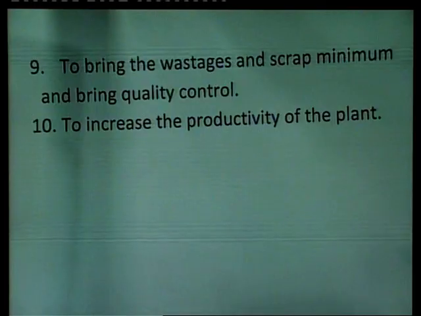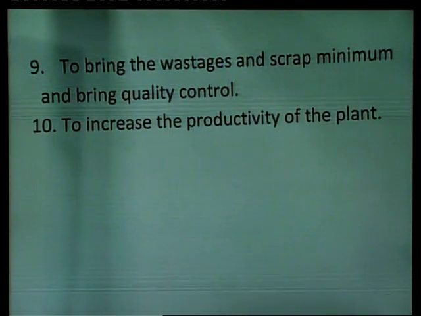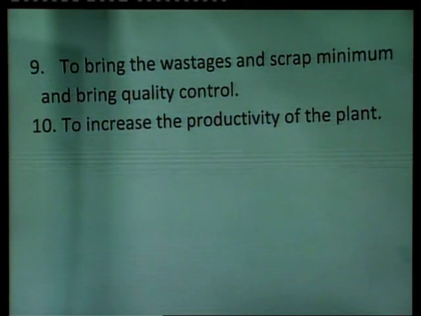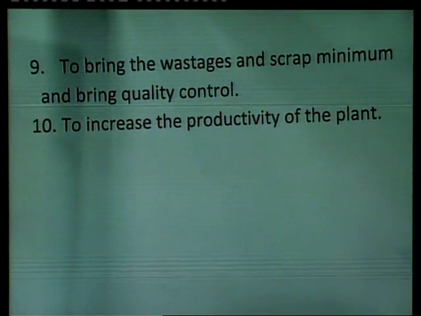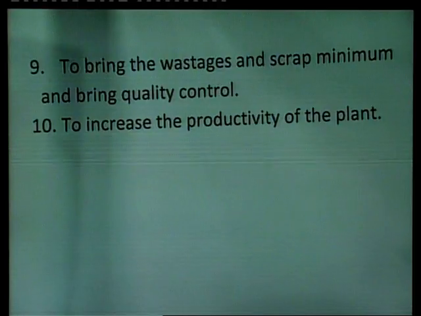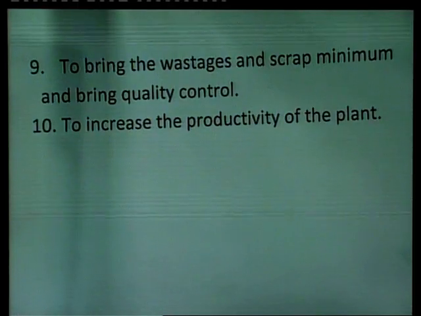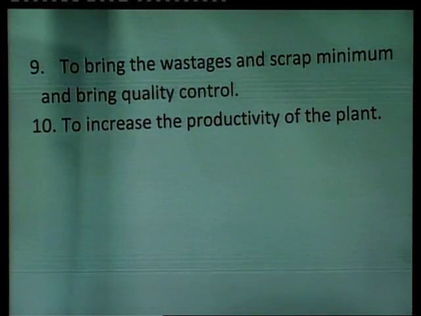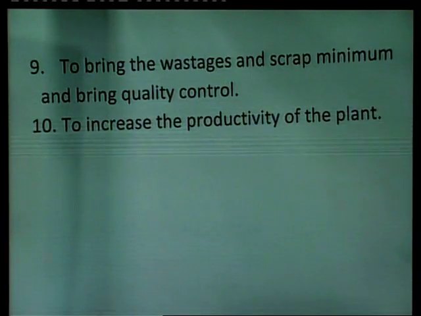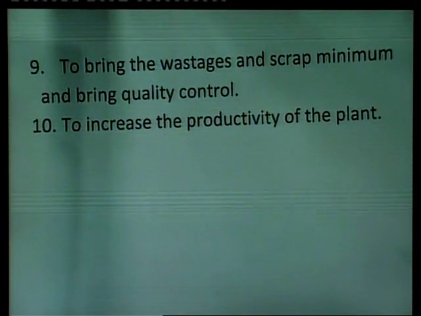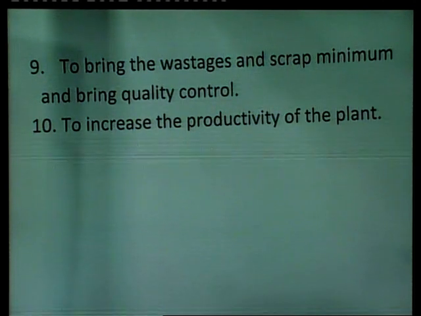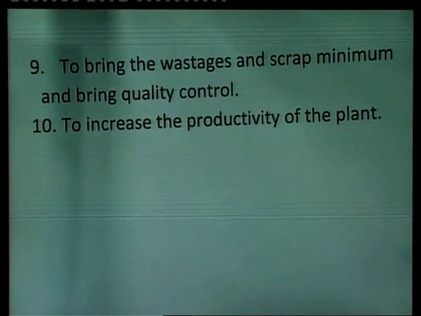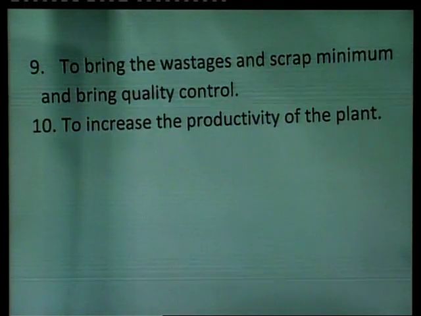The next one is to improve the plant profitability and plant productivity. So overall, the main objective of maintenance is to keep fit the plant items, to improve the lifespan of the machinery, to improve the productivity, to reduce the downtime period, and to improve the efficiency, effectiveness, and other facilities.